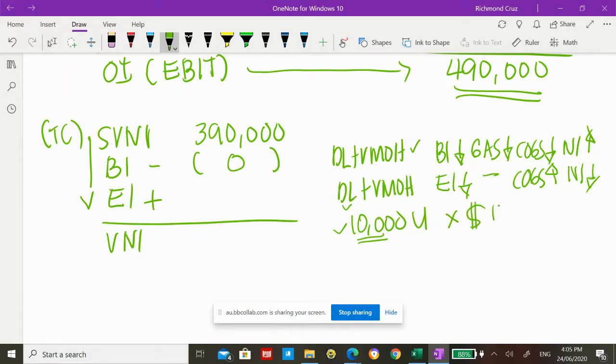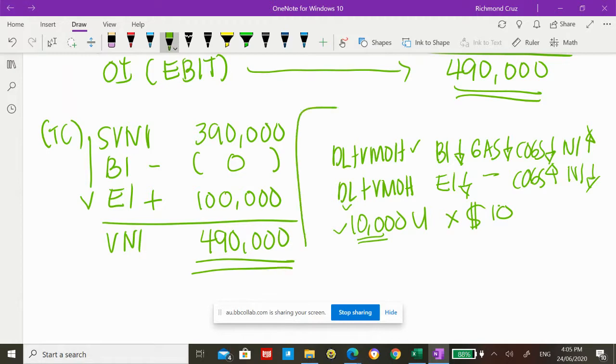So 10,000 units multiplied by $10 gives us 100,000. So 390,000 plus 100,000, the regular variable costing net income is 490,000. And this is the same.